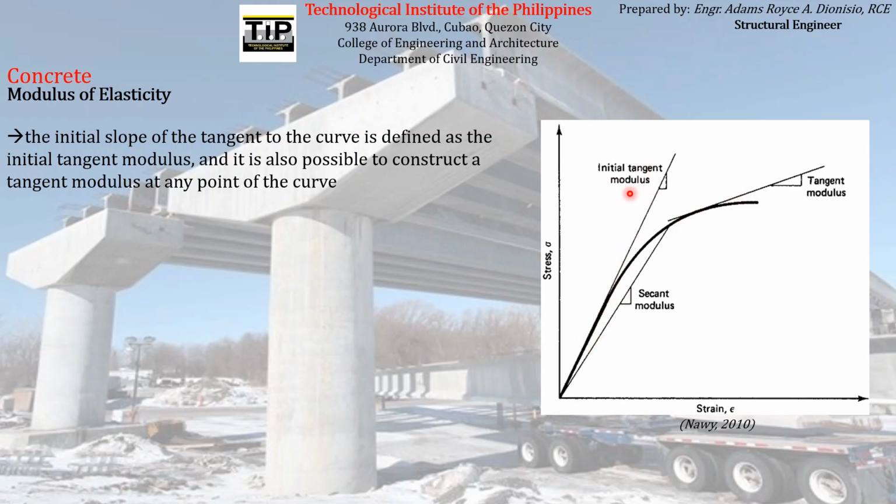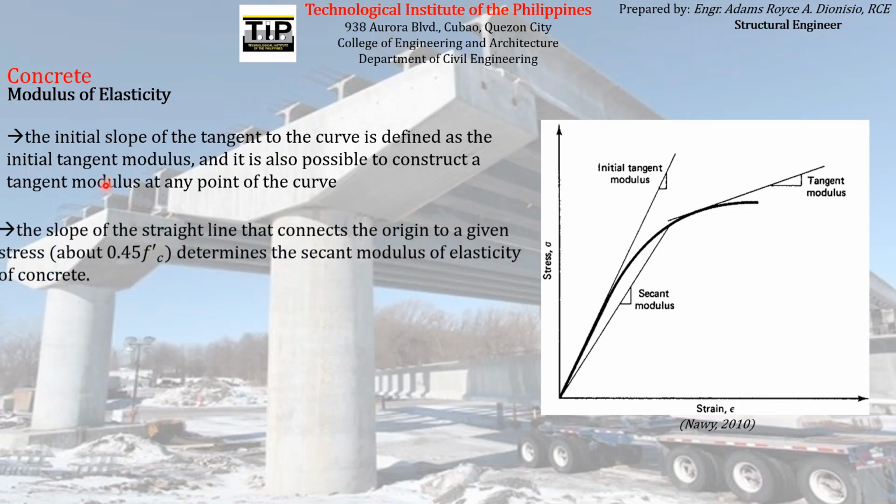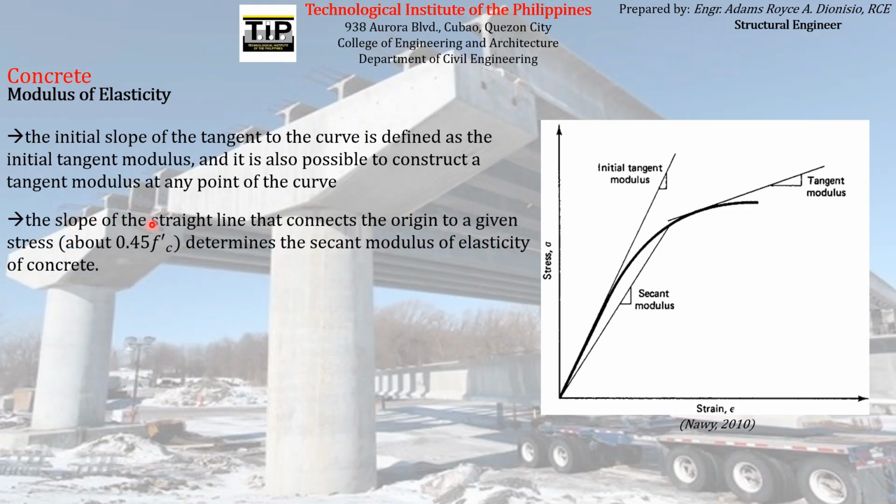So that is what we meant by initial tangent modulus. So that's not actually the modulus of elasticity that we usually use in the design, because the slope of the straight line that connects the origin to a given stress, about 0.45 fc prime, determines the secant modulus of elasticity of concrete.